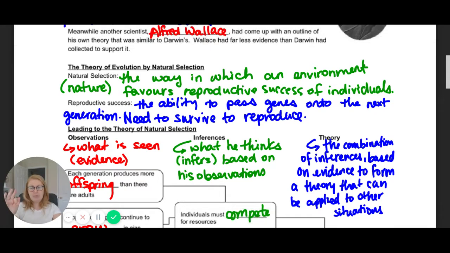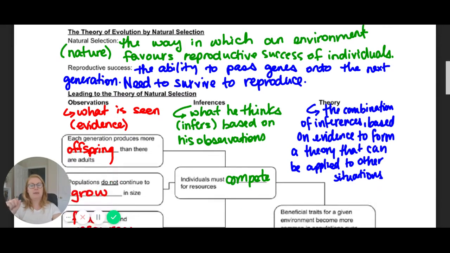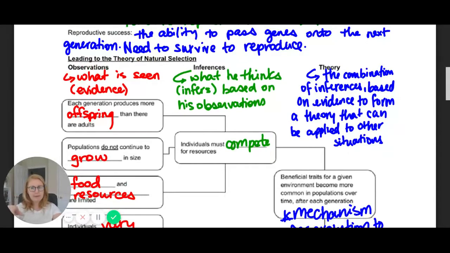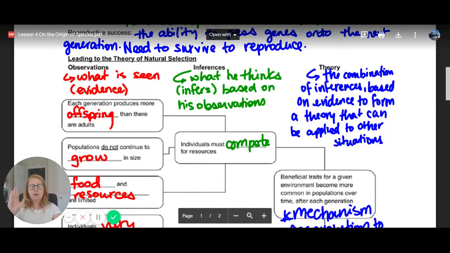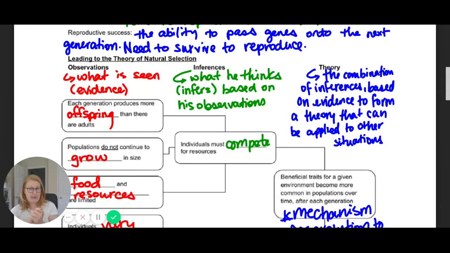So for natural selection, I'm going to show you what observations he made to lead to this theory. Before we even get there, I want to outline for you what an observation, an inference, and finally a theory is. The observations are what is actually seen. These are the actual evidences that he picks up from his travels around the world.